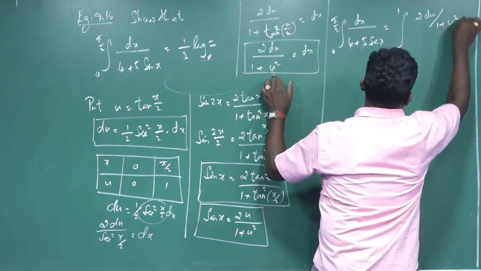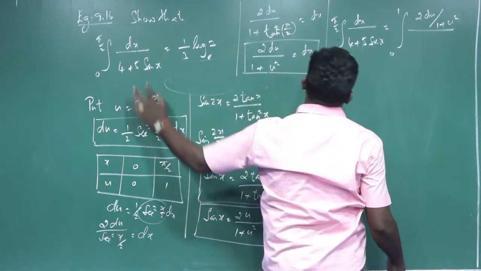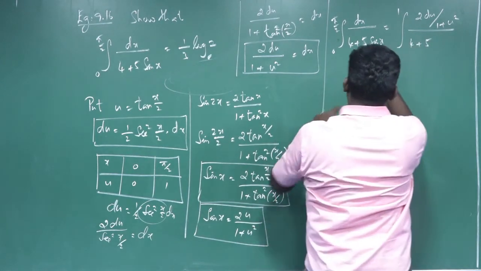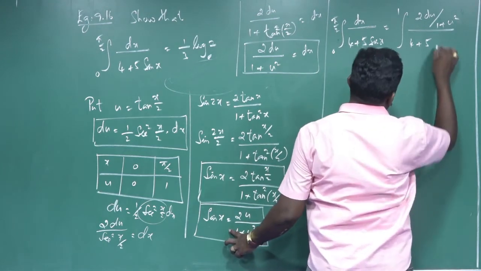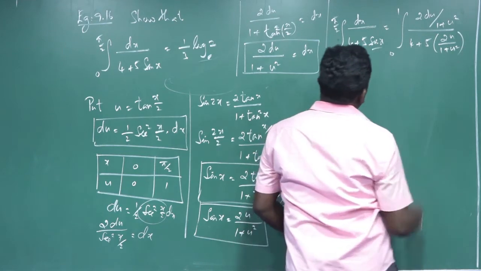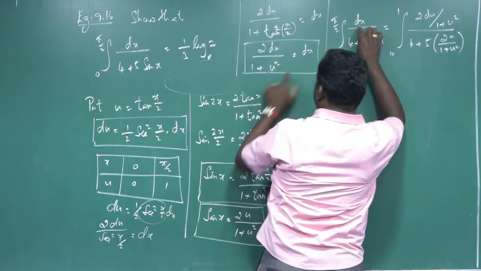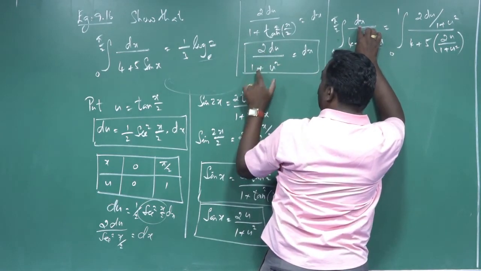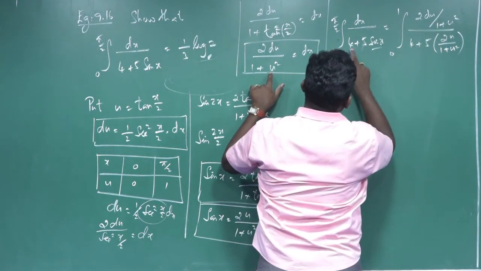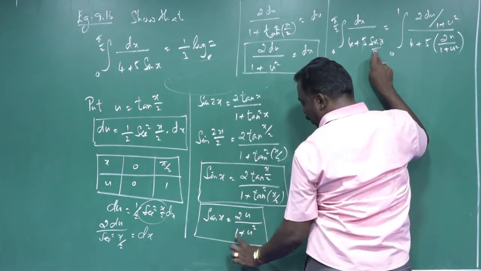In the denominator, 4 plus 5 sin x, where sin x equals 2u by 1 plus u square. Once again, dx equals 2 into du by 1 plus u square, and we just have to replace the denominator 4 plus 5 into sin x with sin x equal to 2u by 1 plus u square.